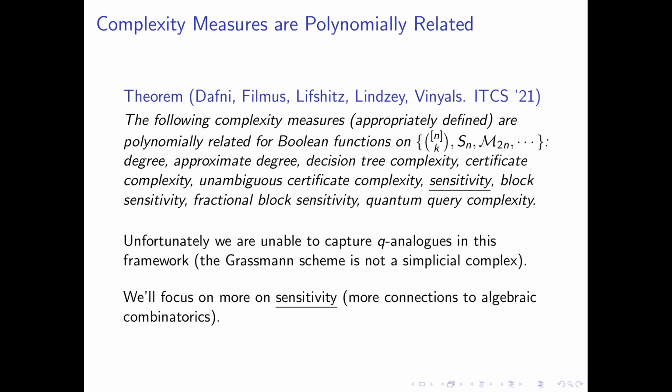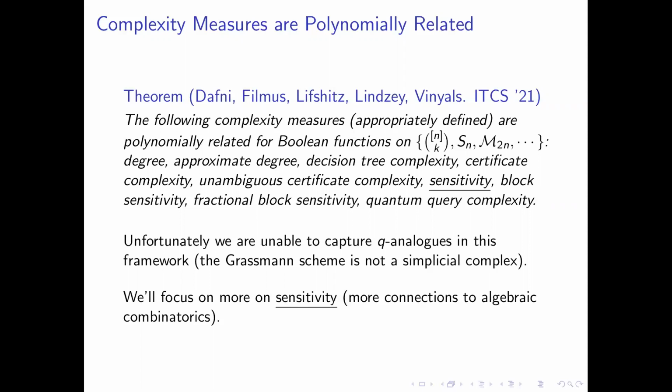We tried really hard to find some way of capturing, say, k-subspaces in this simplicial complex type framework, and it's not clear what to do. This is actually one of the open questions we'll talk about at the end of the talk. But it's not clear how to approach the q-analogs.